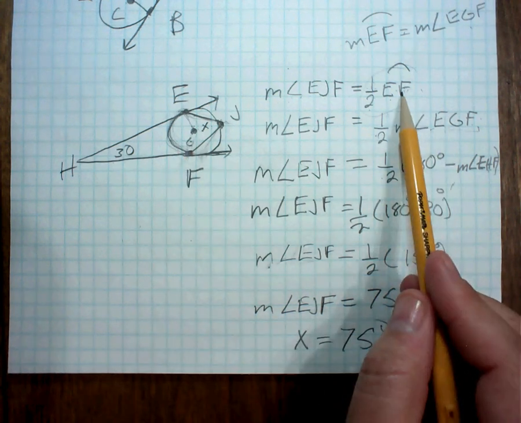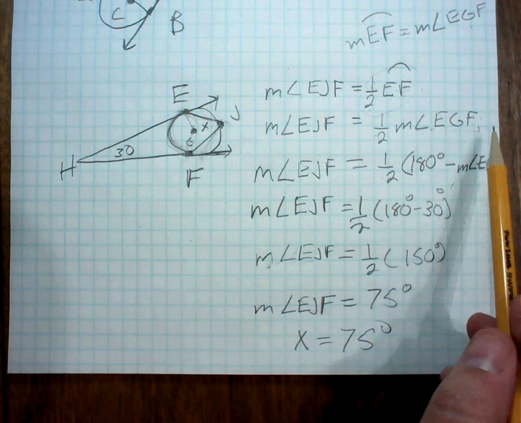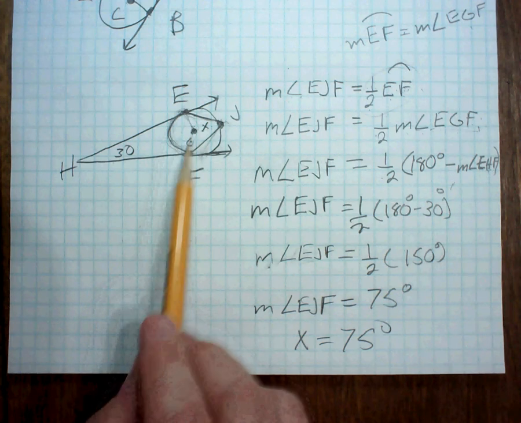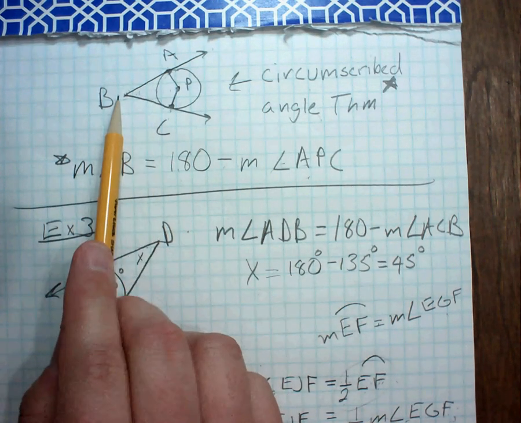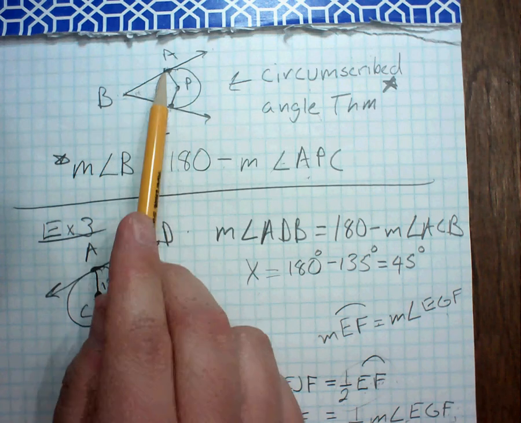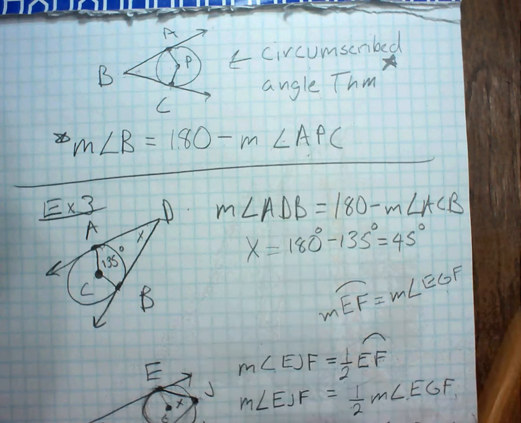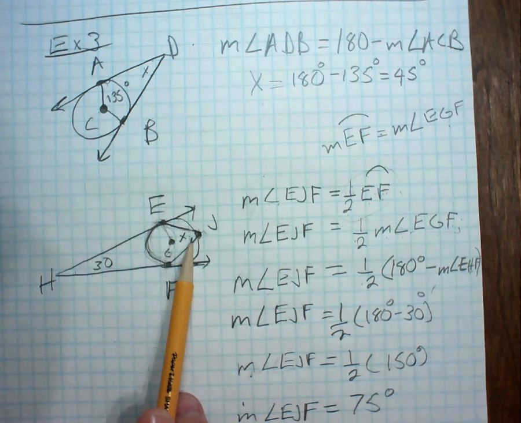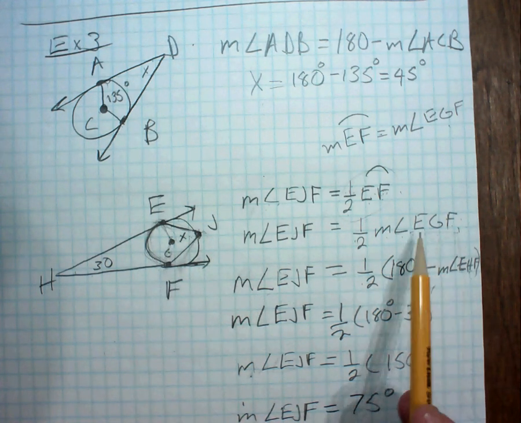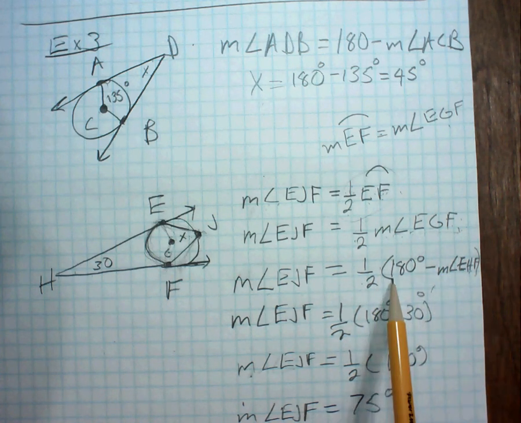So for EF, I substitute in the measure of angle EGF, which is the central angle. But then I know there's a relationship between the central angle and this, and that's defined in my circumscribed theorem, right? This angle right here is equal to 180 minus the central angle. If I do a little bit of algebra, I get that this angle x is equal to 1/2 times the quantity 180 minus this.